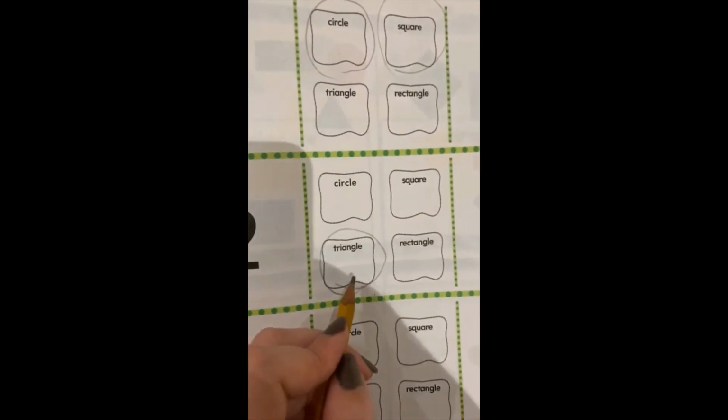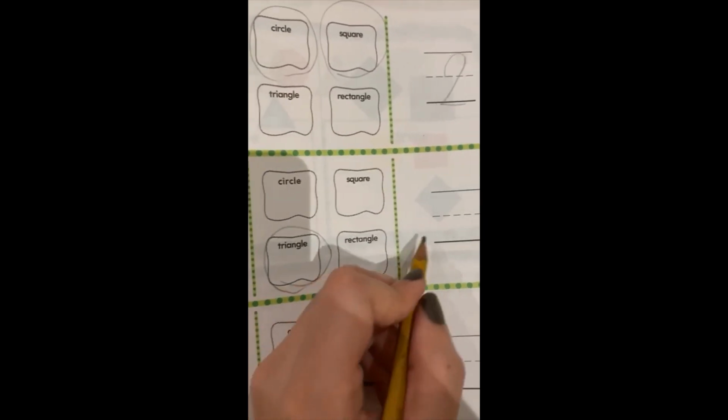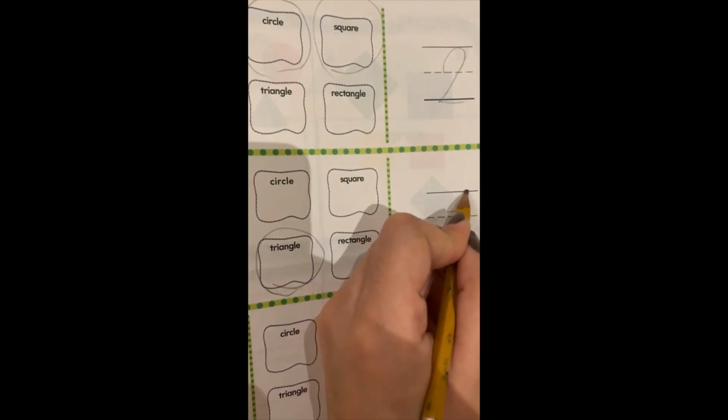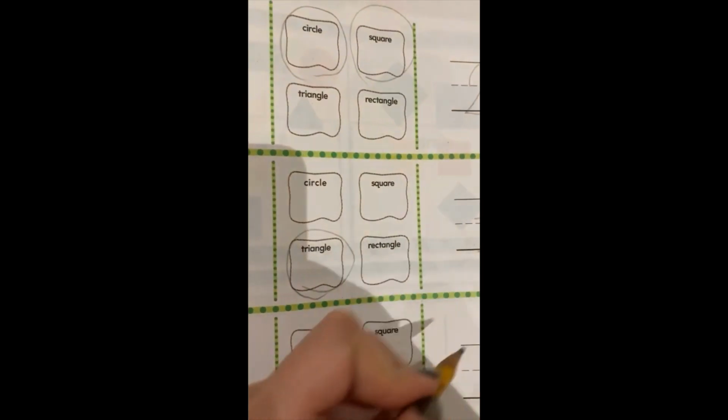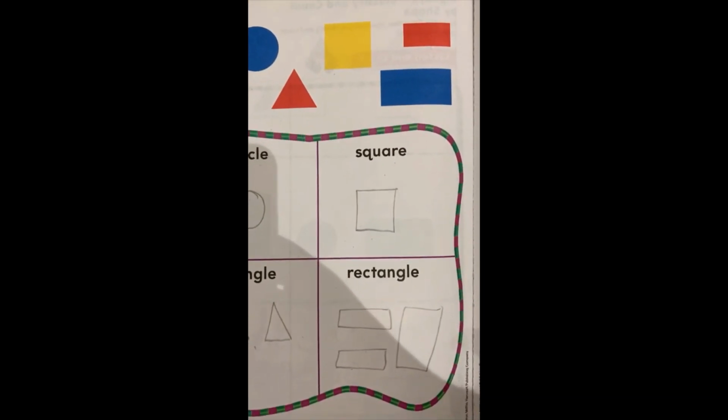Now, how many sets do we have? 1 set. Excellent. And the last one here, we have to circle the set or the category that has 3 shapes. Which set has 3 shapes?